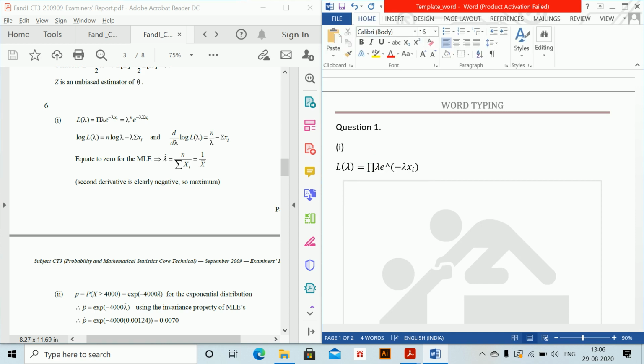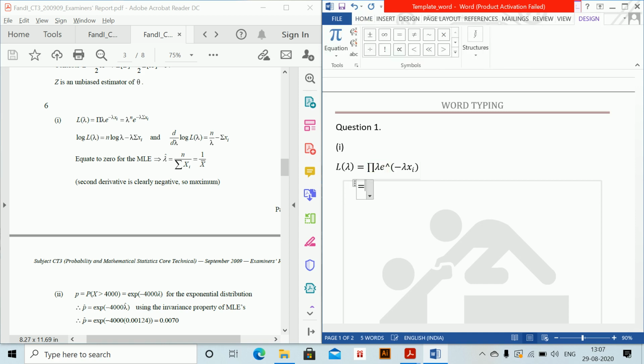Next line you can write alt equals to we have lambda to the power n e to the power minus lambda, and then we have a summation of xi sign. So backslash sum x underscore i brackets close.